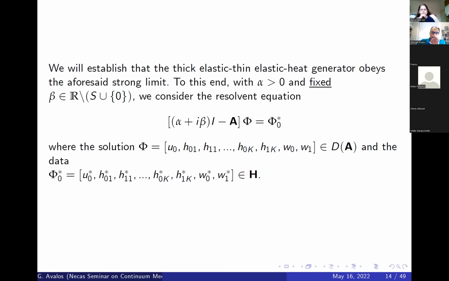So with this in mind, we consider our multi-layered structure thermal generator with a complex parameter. And so in spirit, you obtain essentially a Laplace, or a dynamical system under Laplace transform, formally, of course. So we solve this resolvent equation with a given right-hand side.